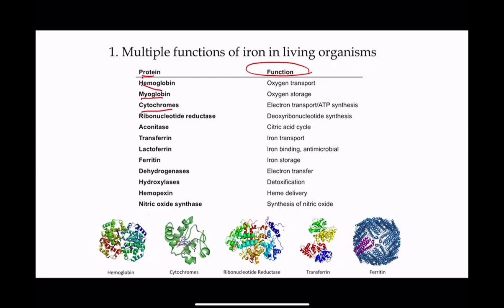For instance, the cytochromes have an important role in electron transport and ATP synthesis. And if you probe more deeply, cytochromes play a very critical part in the survival or death of our cells, as the release of cytochrome C is critical to the induction of a cell death process known as apoptosis. So cytochromes play a very significant role that goes beyond just the function of the metal itself.